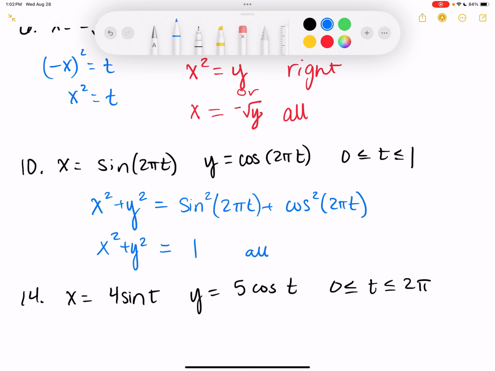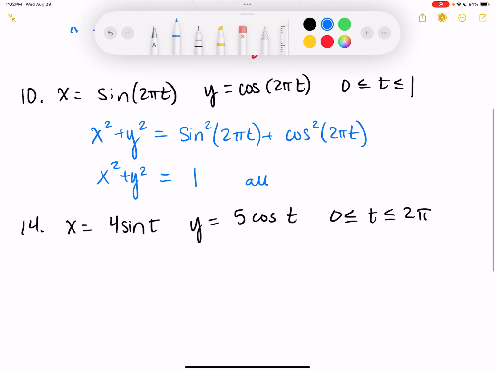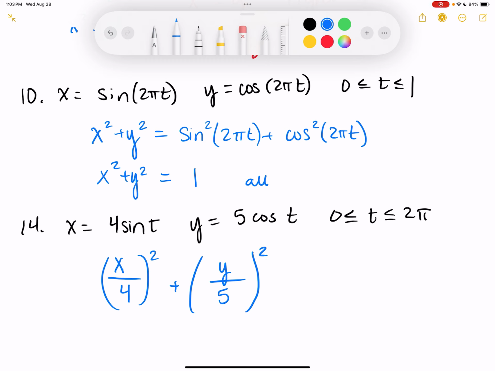So from that ellipse formula that you have in your notes, we would end up with x over the A value, which is 4, that whole thing squared, plus y over 5 squared equals 1.